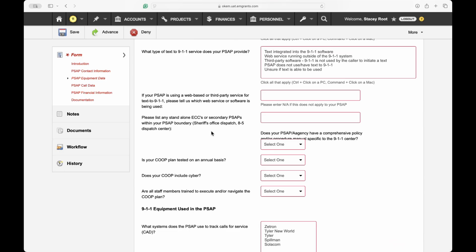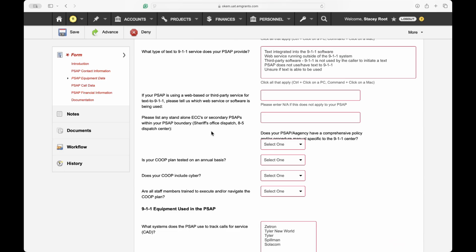Is that something we need to be helping out with? But I get the secondary PSAP question all the time, and I don't know that I'm capturing all of those secondary PSAPs in the state. It seems like I'm always forgetting one of them. So like Grand River Dam Authority, they're a secondary PSAP, but who would have thought that Grand River Dam Authority had PSAP equipment? So is there any other ones out there like that?